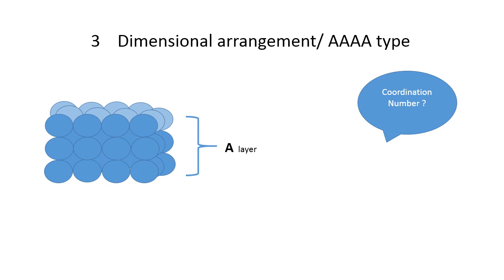Let us check out. We join the centers of the spheres as shown, and upon joining the centers we see that it resembles a cube, and therefore it is evident that this particular structure is basically a simple cubic structure, and hence it's also called as a simple cubic structure.